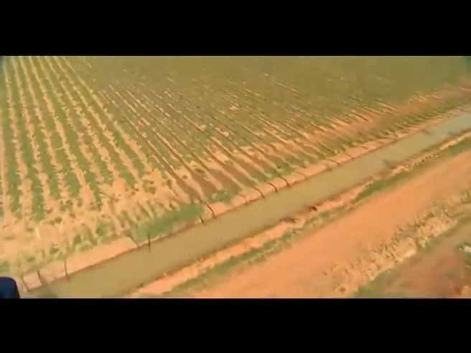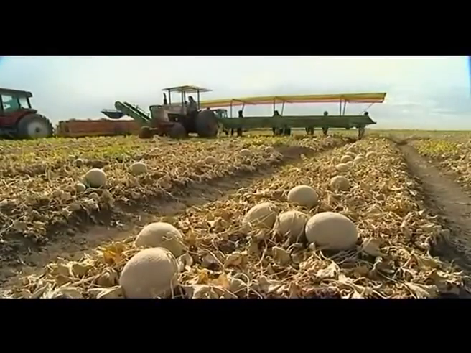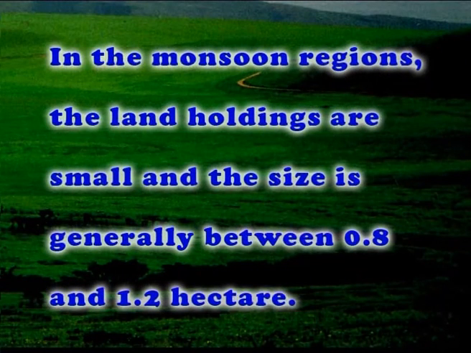Coming to size of the farm. There is a close relationship between the size of the farm and agricultural production. In the monsoon regions, the land holdings are small and the size is generally between 0.8 and 1.2 hectare.